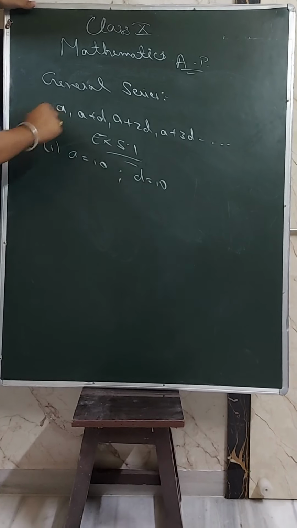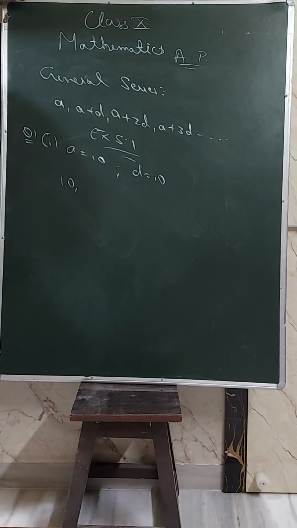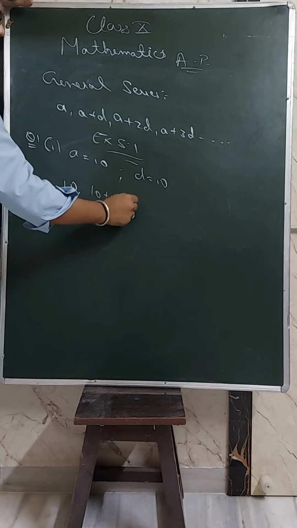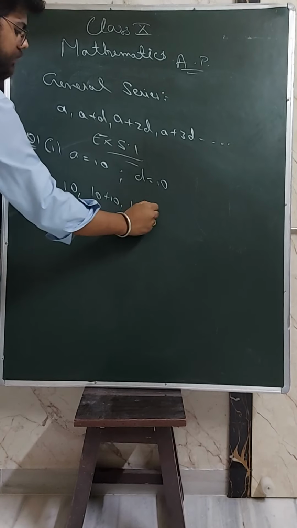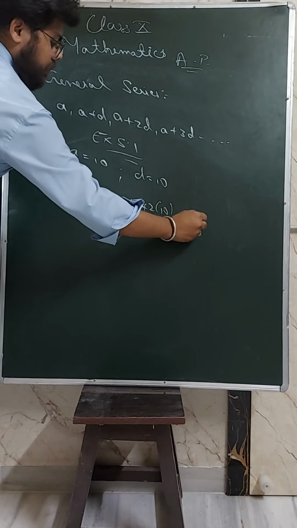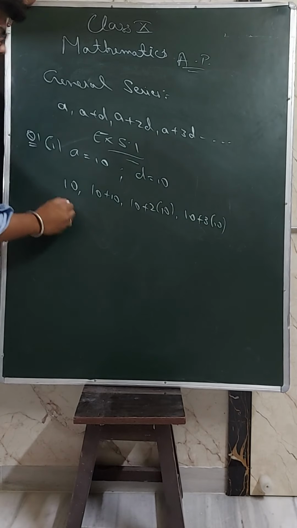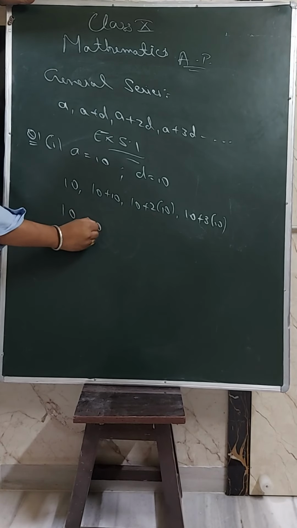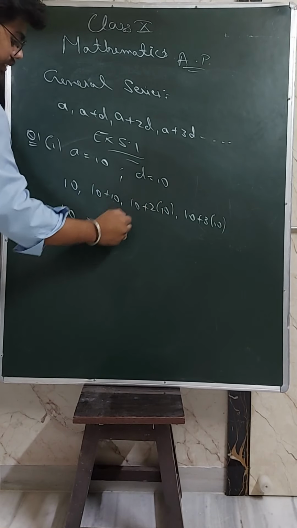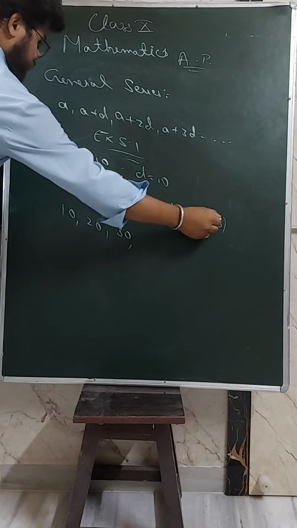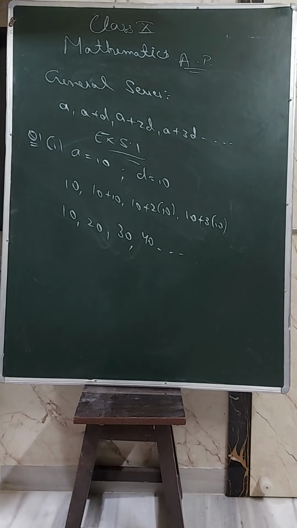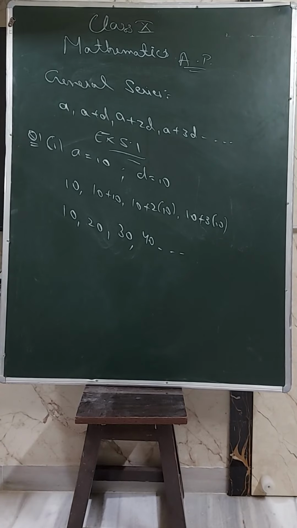Put the values here: a is 10, then a plus d is 10 plus 10, a plus 2d is 10 plus 2 times 10, a plus 3d is 10 plus 3 times 10. So the series is 10, 20, 30, 40. These are the 4 terms I found when I put in the formula.